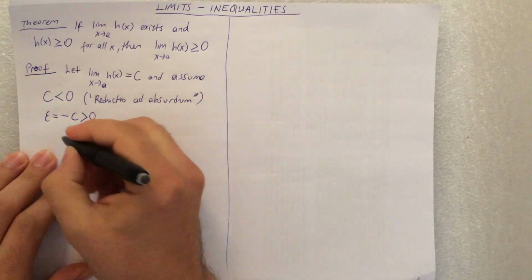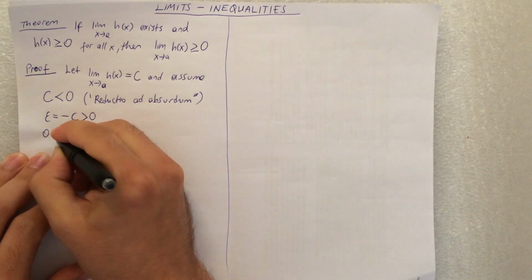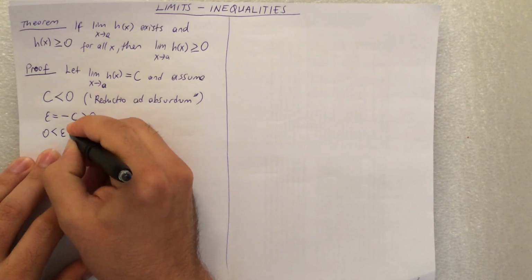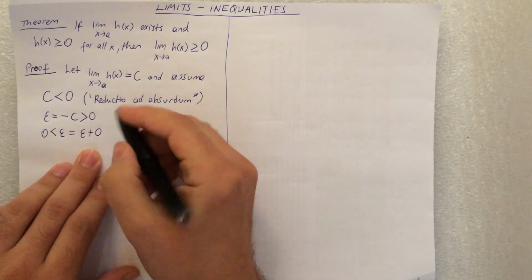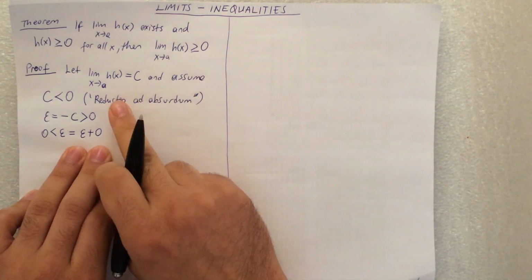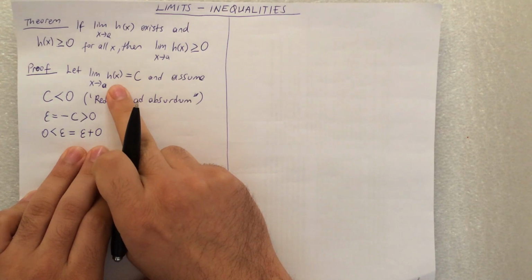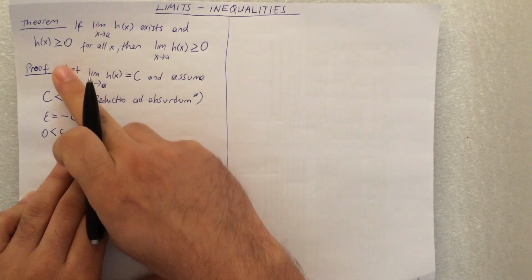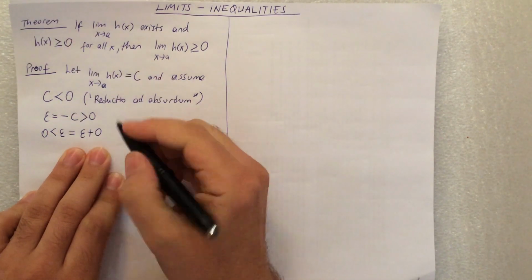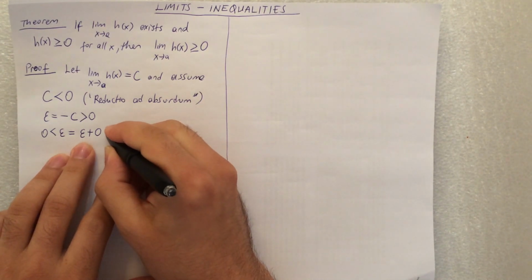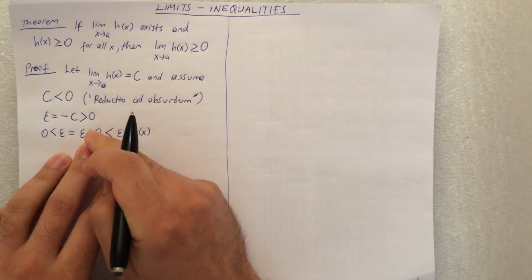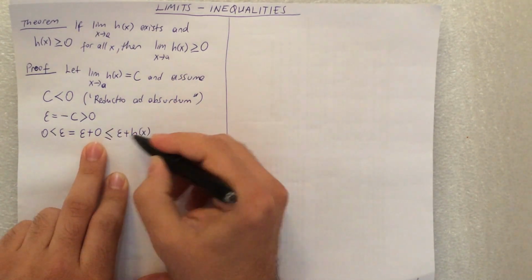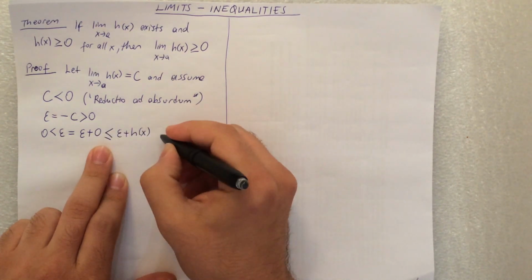Now we can write that since epsilon is larger than 0, epsilon is epsilon plus 0. And then we know that h(x) is larger than or equal to 0 from the theorem assumption. So this is going to be less than or equal to epsilon plus h(x). We have written h(x) instead of 0 because h(x) is larger than or equal to 0.